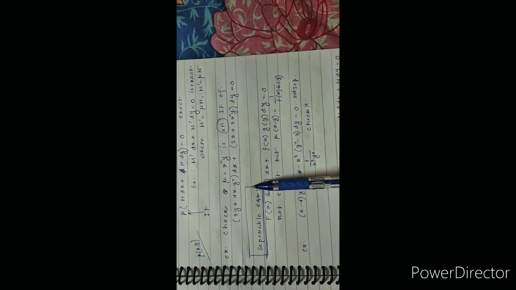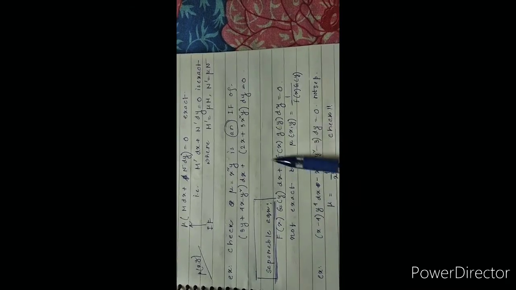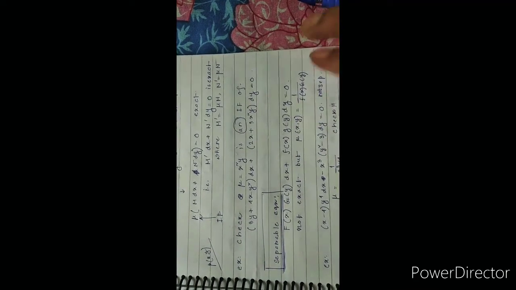These separable equations are basically very simple. Because you see that the M part and N part are both factorized into x and y separately. So you have a function of x, a function of y, a function of x, a function of y, they are separated.